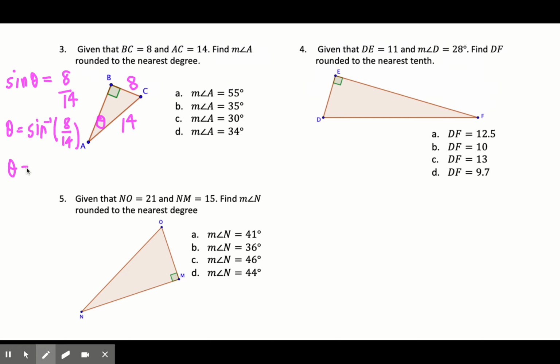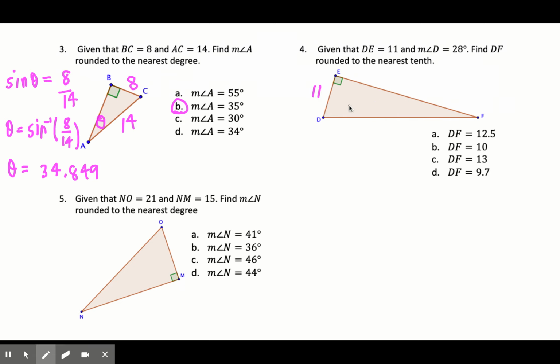So you put that in your calculator, and you get 34.849. And then it says rounded to the nearest degree. So that's 35 degrees.